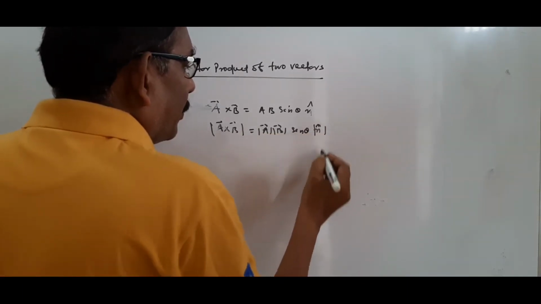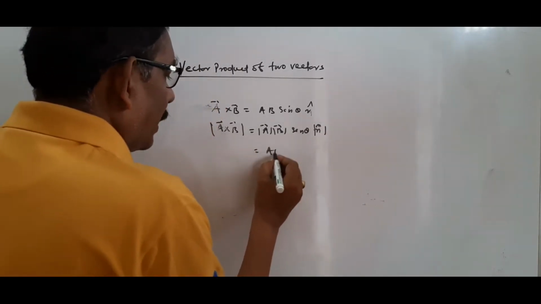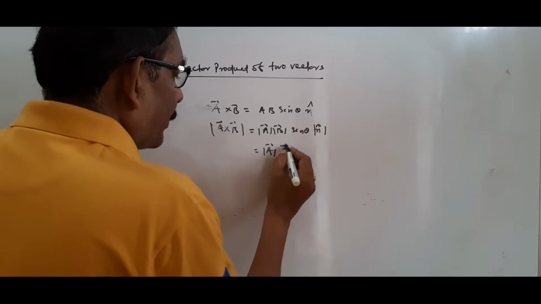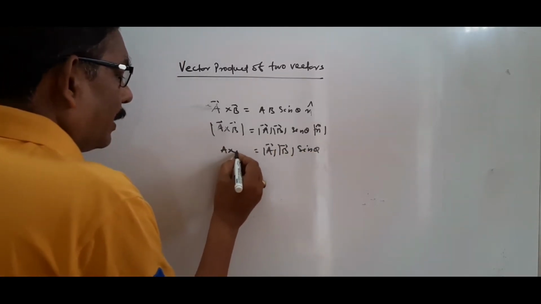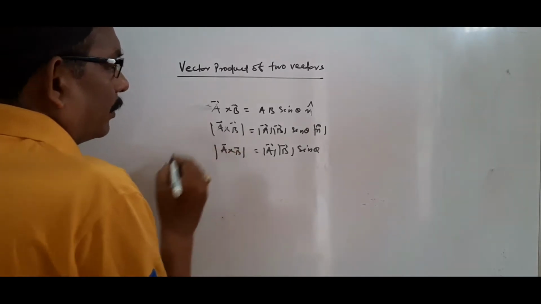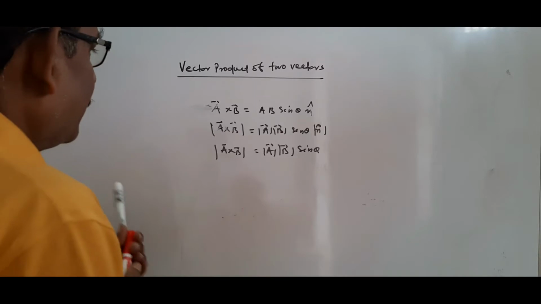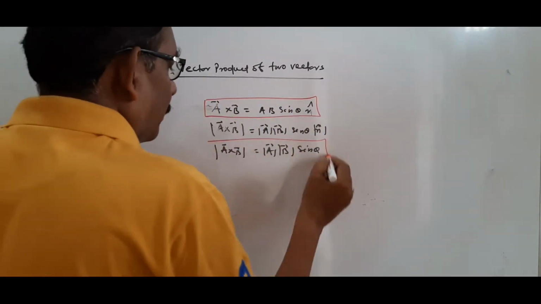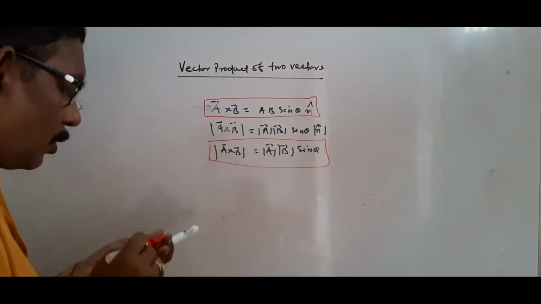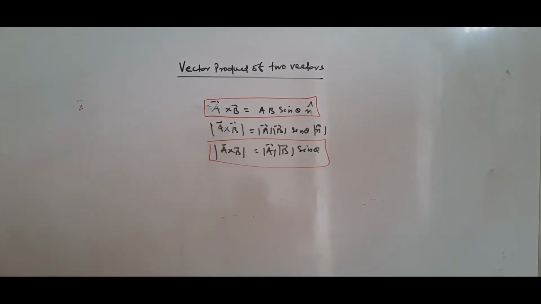You know that the modulus of the unit vector is 1, so it becomes modulus a, modulus b, sin theta. That is your modulus of a cross b. So it is one of the equations, and it is another form of the equation of the cross product of two vectors.